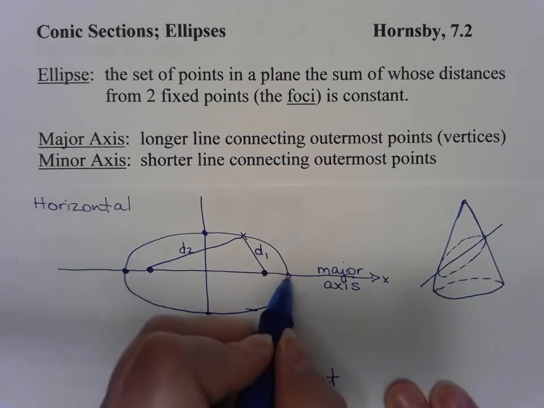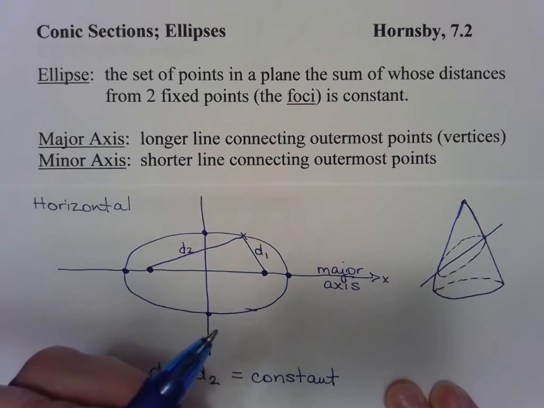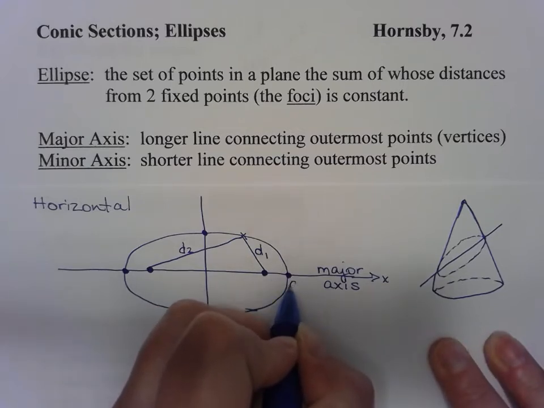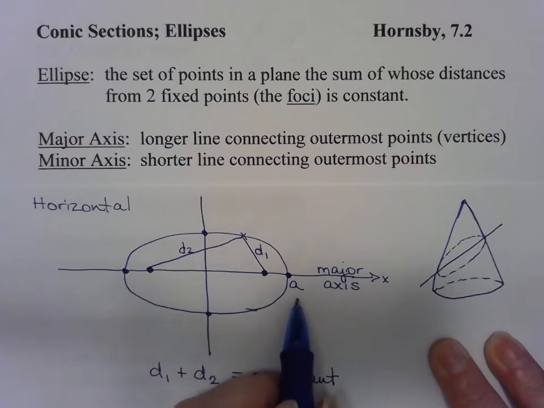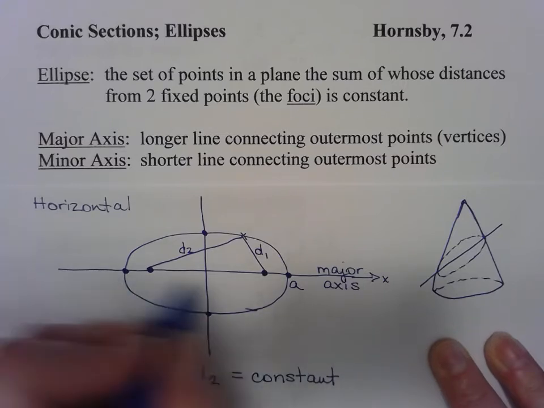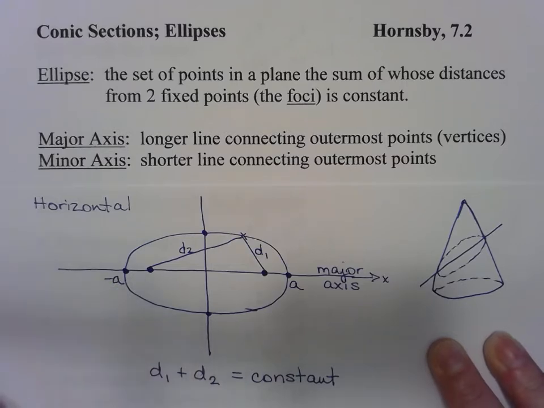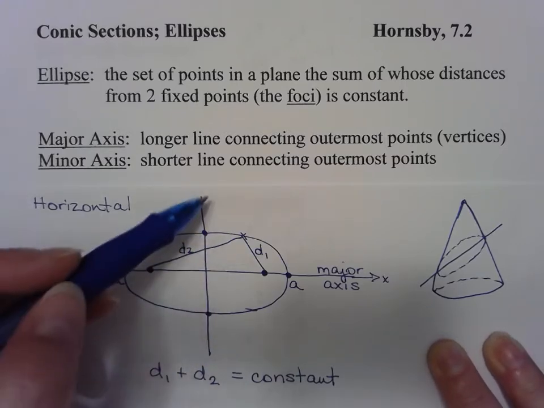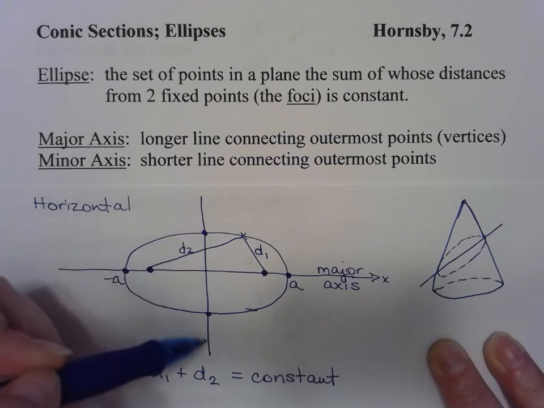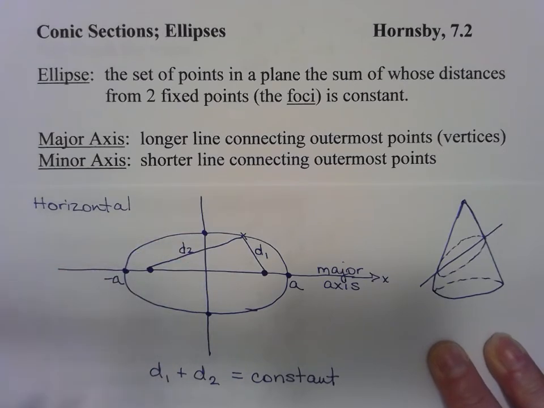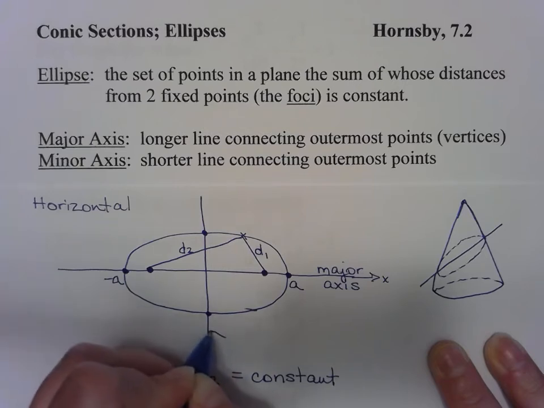Okay, and so these points at the ends are called the vertices. And so let's call this, labeled in the formula as a, so a comma 0, and negative a. Then we have the minor axis, which is the axis that has the shorter line connecting the outermost points. So this would be the minor axis.